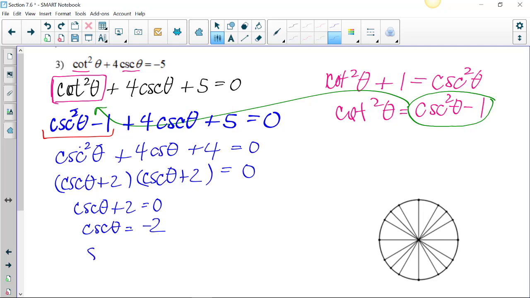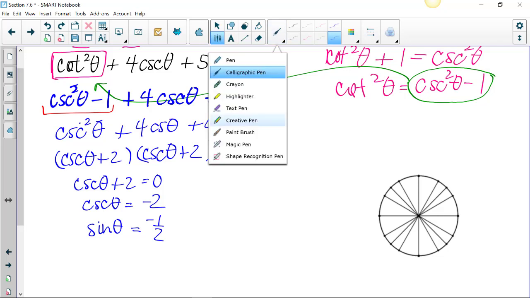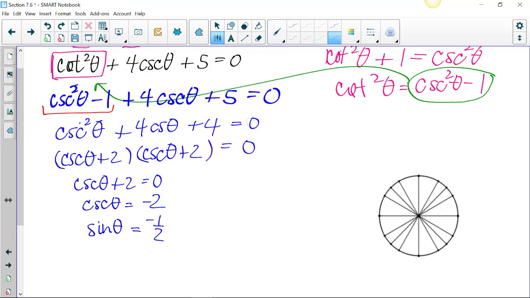Cosecant is the reciprocal of sine, so if the cosecant is negative 2, the sine is negative 1/2. So I'm looking for angles between 0 and 2 pi, whose sine is negative 1/2. So sine is negative in quadrants 3 and 4. That's 1/2. It's a pi over 6 multiple.